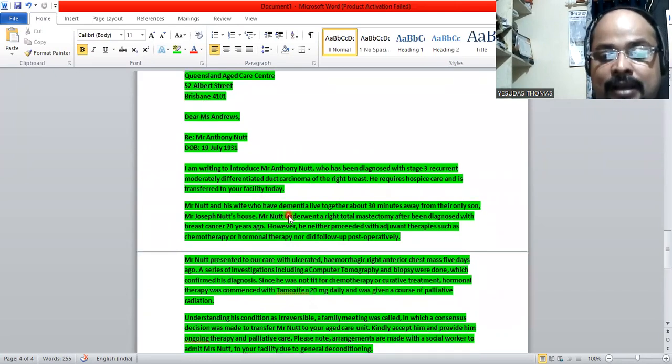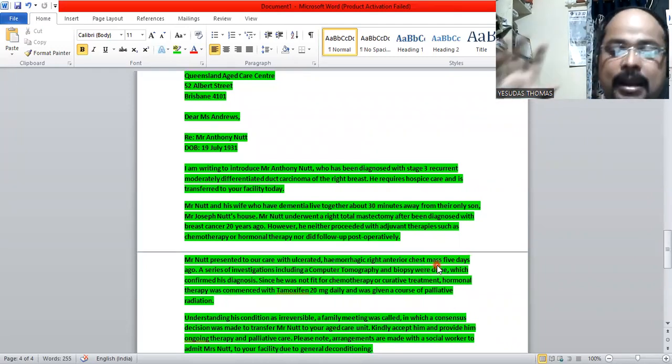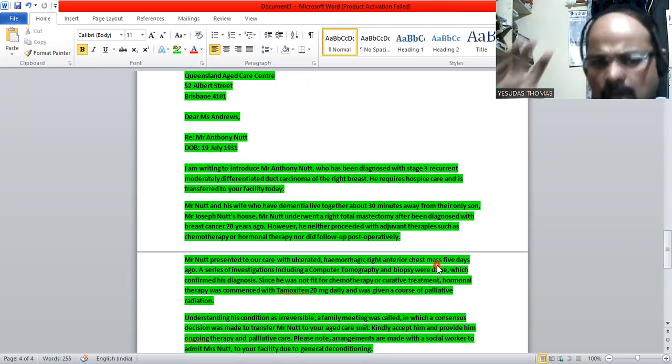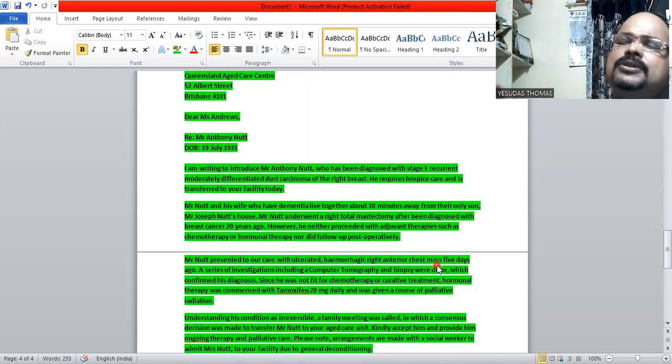Now, a series of investigations, including a computer tomography and biopsy, were done. Along with a series of blood investigations, other investigations were done, which confirmed his diagnosis. The diagnosis is mentioned in the purpose paragraph.